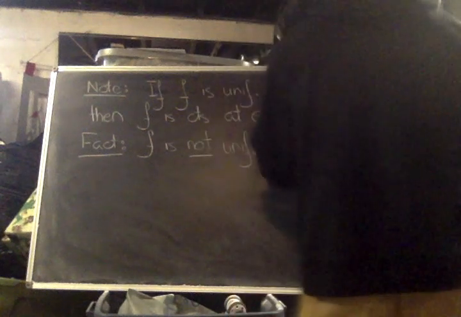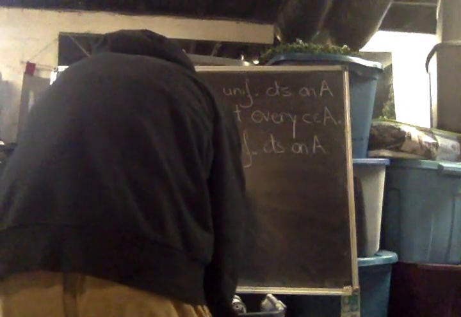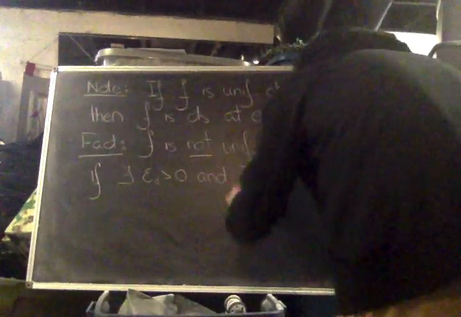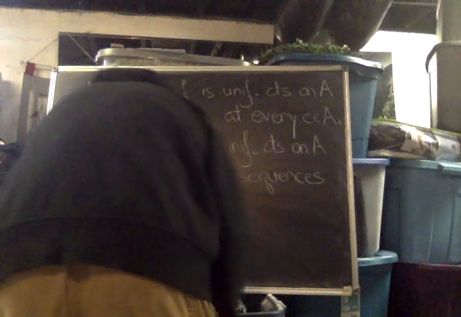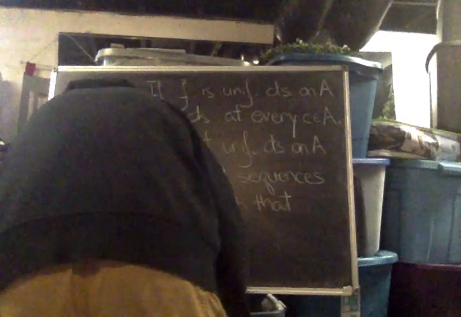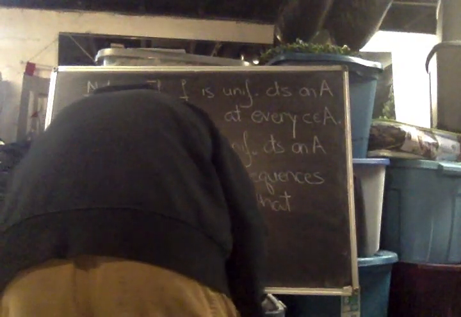So f is not uniformly continuous on A if there exists some epsilon naught greater than 0 and two sequences xn and un in the domain A such that, on the one hand, xn minus un goes to 0.